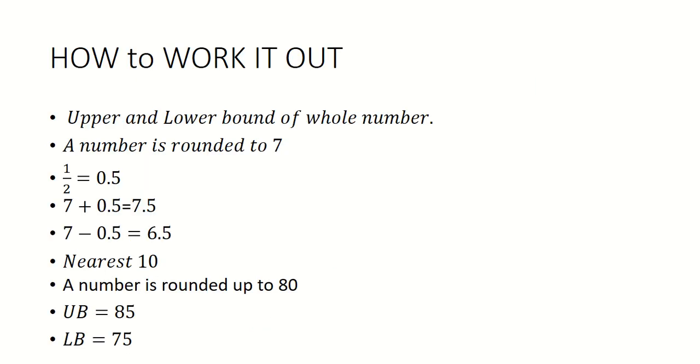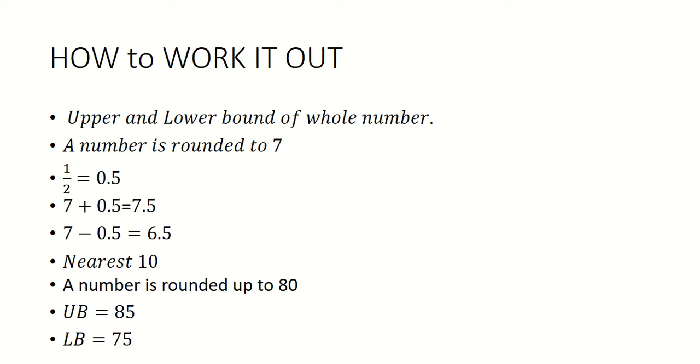Okay, how do you work out upper and lower bound? A number is rounded to 7. Work out the lower and the upper bound. The lower bound would be 6.5 and the upper bound would be 7.5.